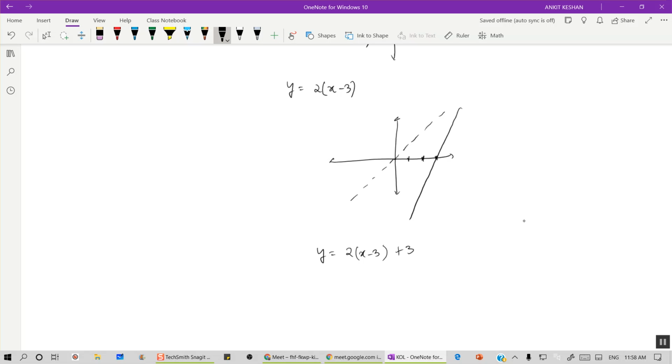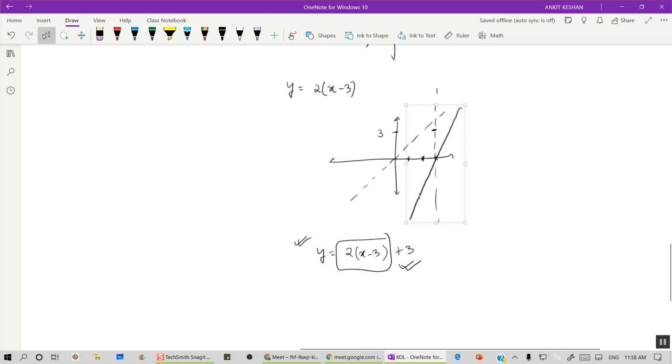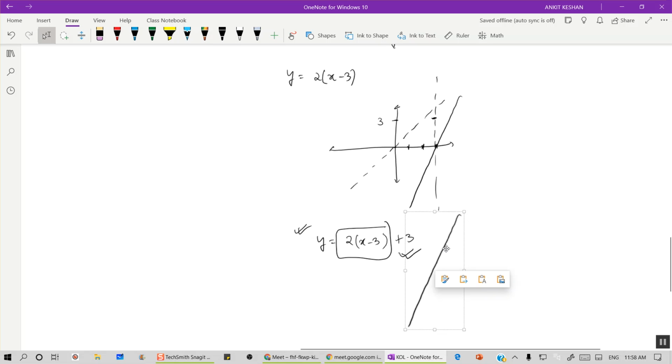Or you can see it this way: whatever we were having, we are adding 3 to that, and the LHS side is y, so y will increase by 3 overall. Everywhere y will increase by 3. Let's say here we put a dotted line, so it is 3. So we have to move this thing here. Got it?